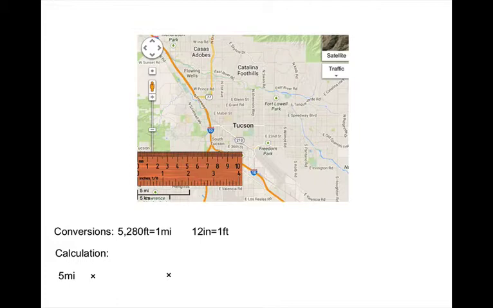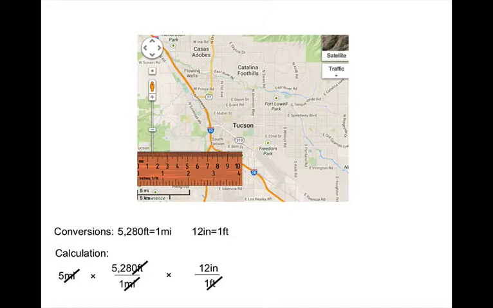I can actually do all of these conversions at once if I'm careful. In the first case, I'll put feet on the top and miles on the bottom so that it cancels with the miles I started with. In the second, I'll put inches on the top and feet on the bottom so that it cancels with the feet in the top of the first fraction. Miles cancel and feet cancel, so I'm just left with inches again.